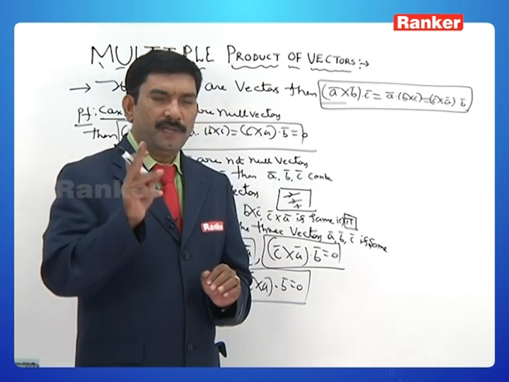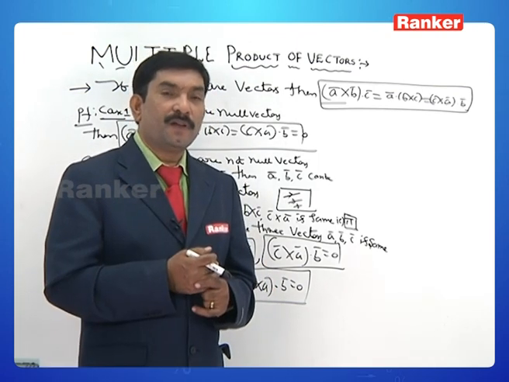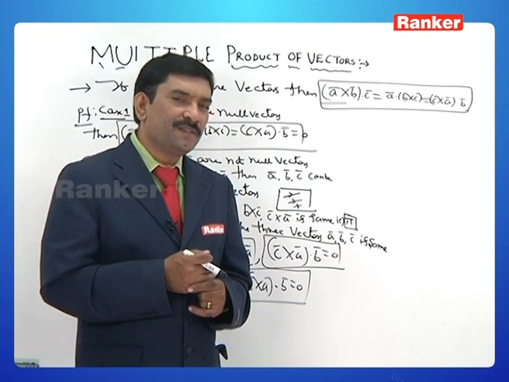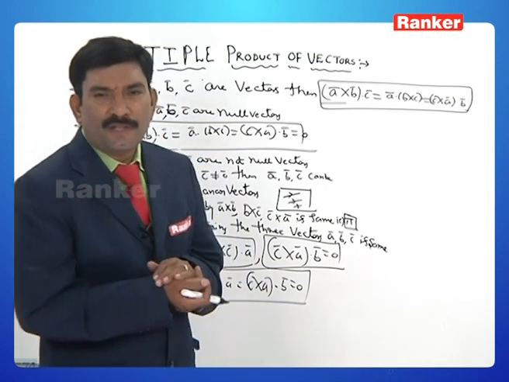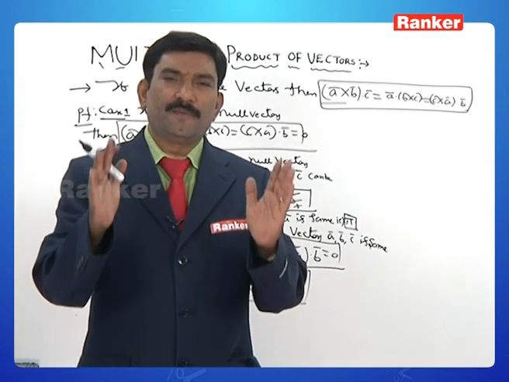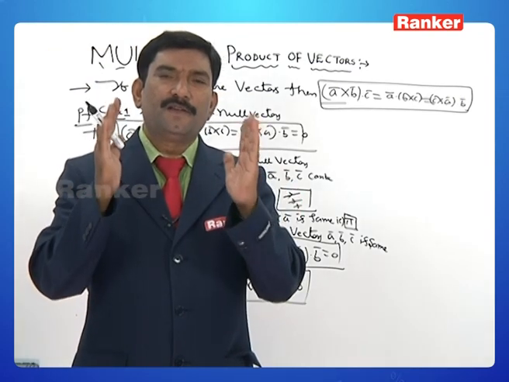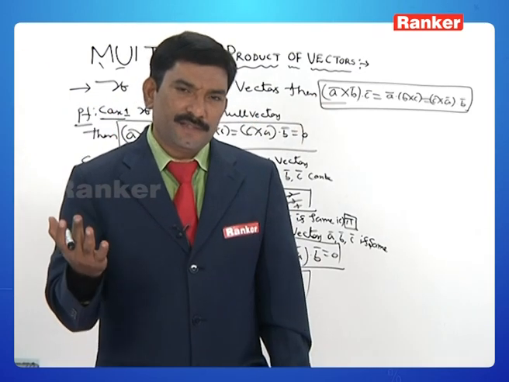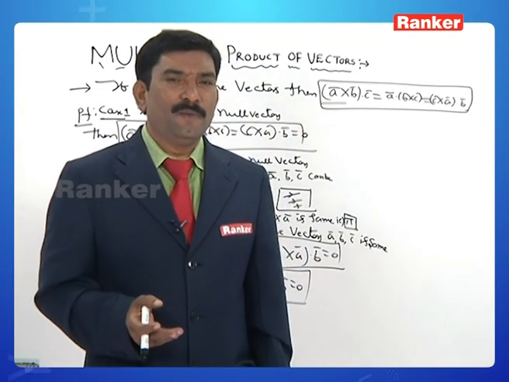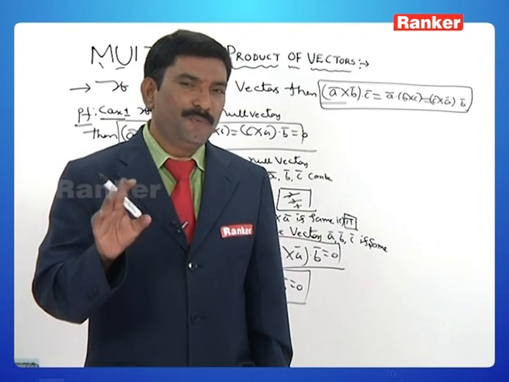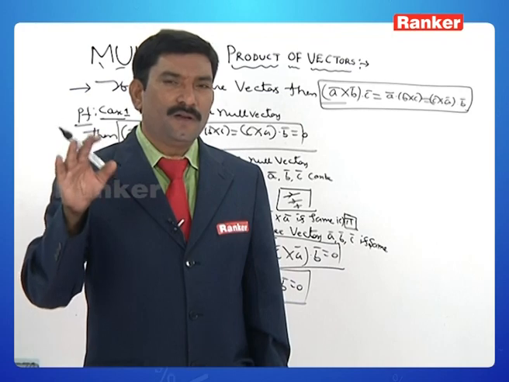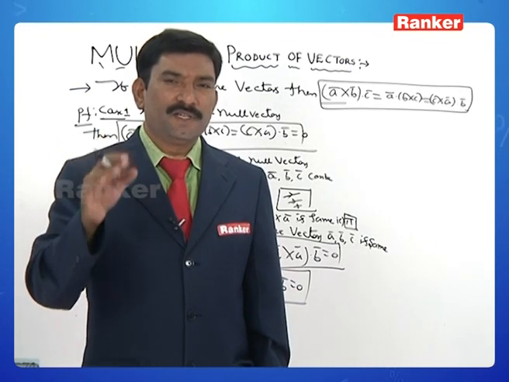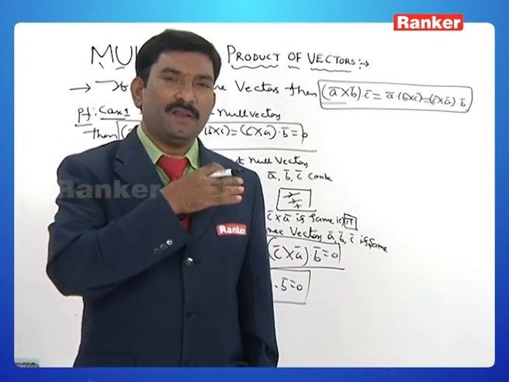Sir, if A bar, B bar, C bar are non-coplanar vectors. Yes, just now we had one context. What is that? Geometrical interpretation of scalar triple product as volume of a parallelepiped. In that volume of a parallelepiped, we have taken A bar, B bar, C bar as non-coplanar vectors representing the coterminous edges of a parallelepiped.